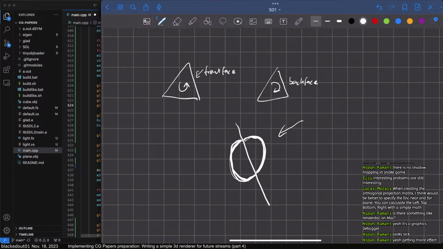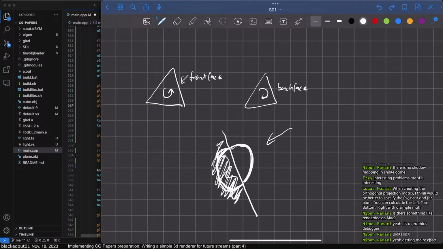And what this means is that when you render this, you can specify that the back faces, which are specified in clockwise order, will not get drawn. Of course, you can't see this because you only see the front faces. Yeah, so that's an optimization technique.